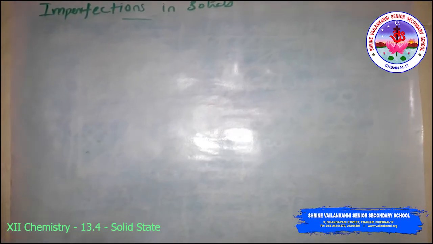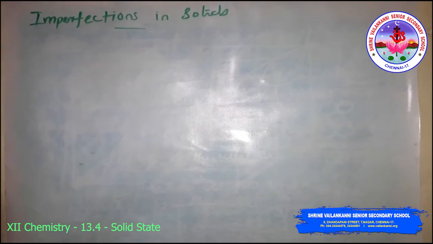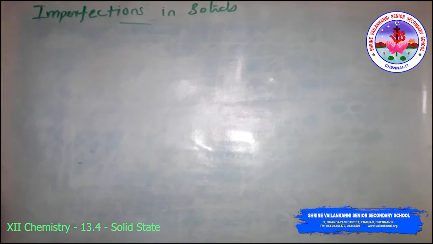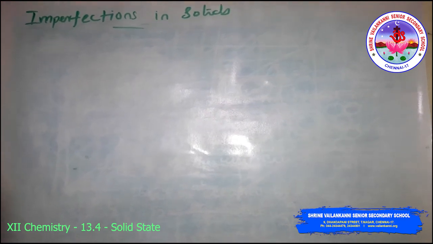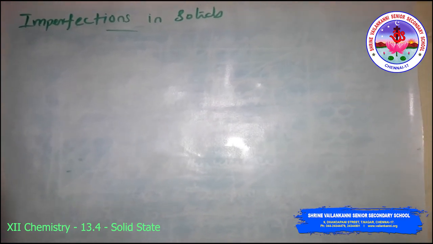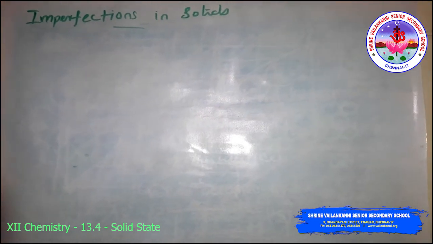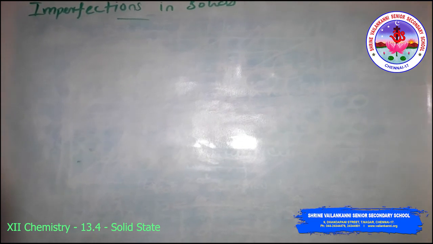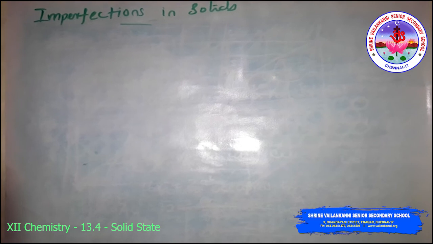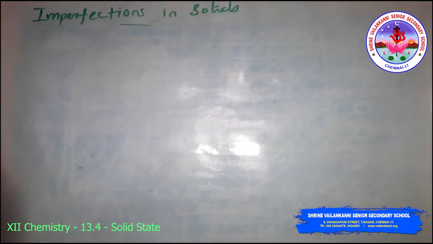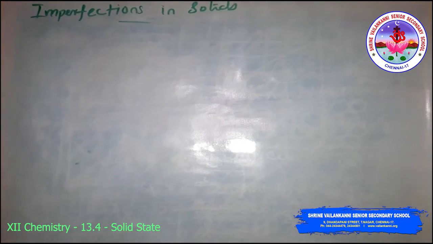Imperfection in solids. Although we know that crystalline solids have long range as well as short range arrangements of their constituent particles, here the crystal is not perfect. Usually a solid consists of an aggregate of a large number of small crystals, and these small crystals have defects in them.